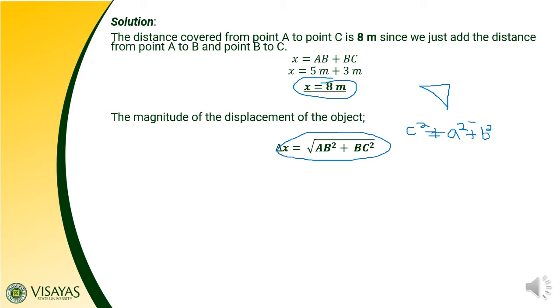So this is where this equation comes from. This is C, this is A, this is B. AB is from point A to point B, and BC is from point B to point C. What we solve for is delta x. So this is C, this is delta x, or the displacement that we are looking for.